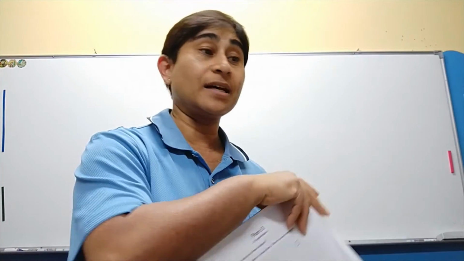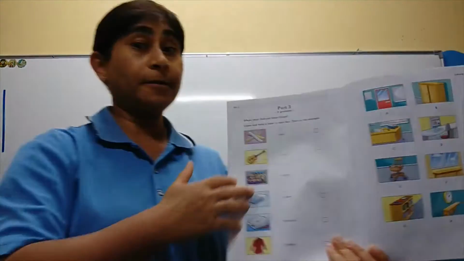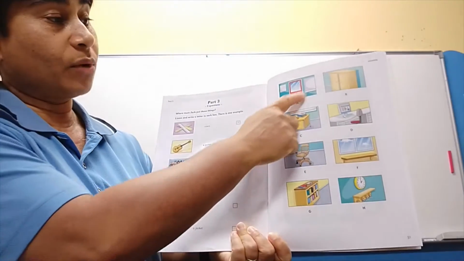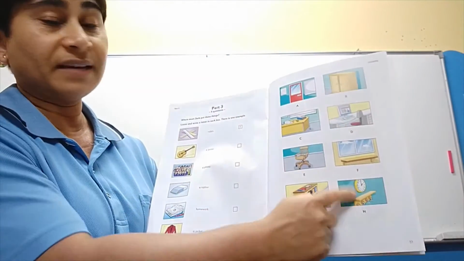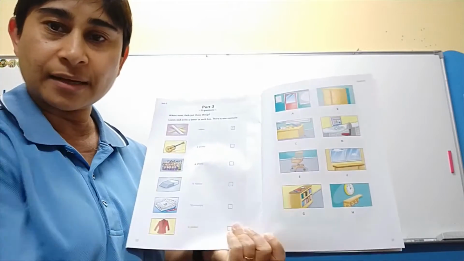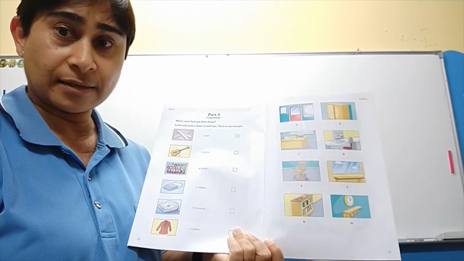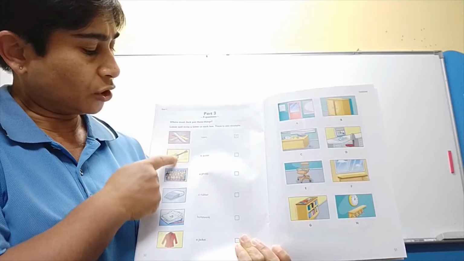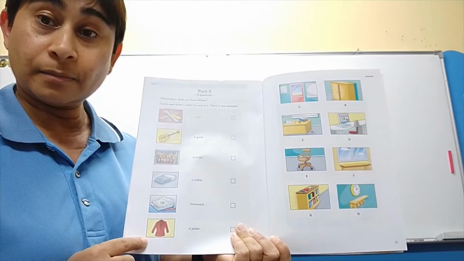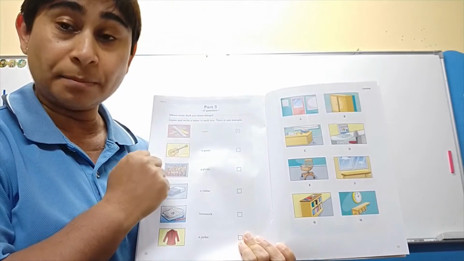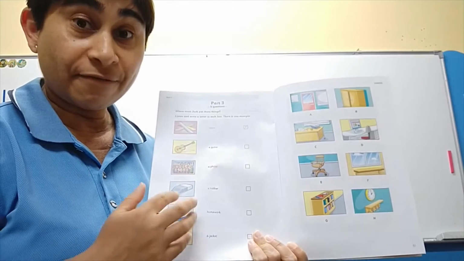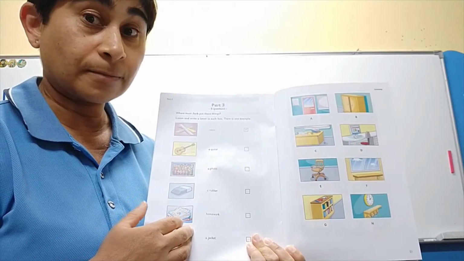We're doing the example first. Remember, you have 1, 2, 3, 4, 5, 6, 7, 8 pictures here. 8 answers. But here you only have 1, 2, 3, 4, 5, 6. And 1 is the example. So you only have 5 questions.